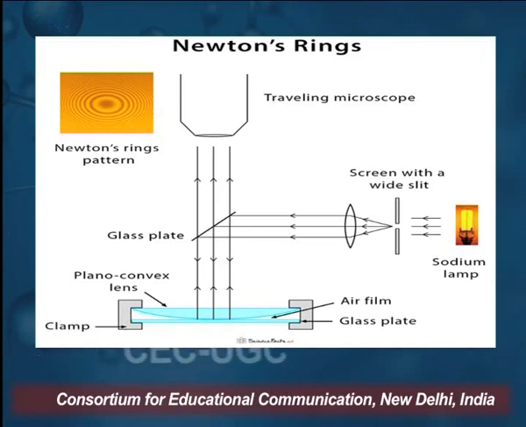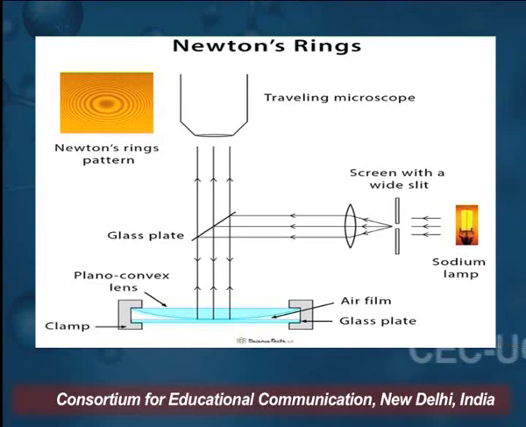The light from the sodium lamp, there is a slit. From here light passes through the convex lens, then it falls upon a glass plate which is mounted at a 45-degree angle. From this glass plate, light will be reflected towards the plano-convex lens which is mounted on the glass plate, and there is an air film between the plano-convex lens and the glass plate.